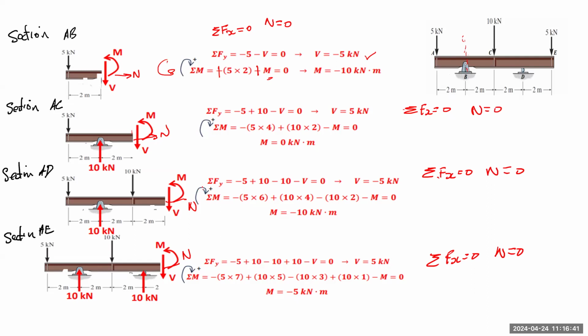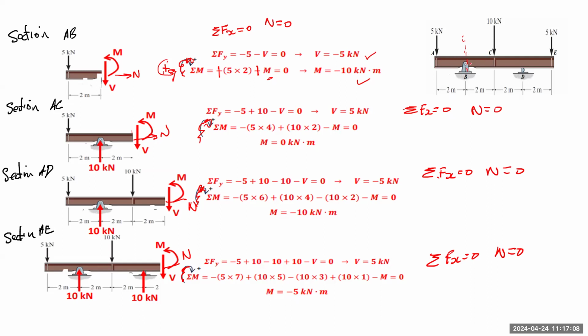I didn't even realize up till now that they have a different convention there. So I'm just changing the sign. So this is 5 times 2 plus M equal to 0. That gives you a minus there. So clearly, you get your shear force and your moment for that section right here.